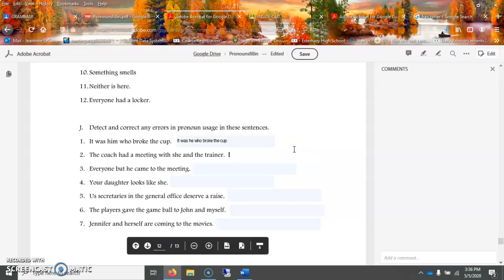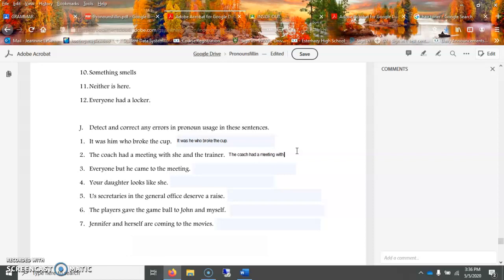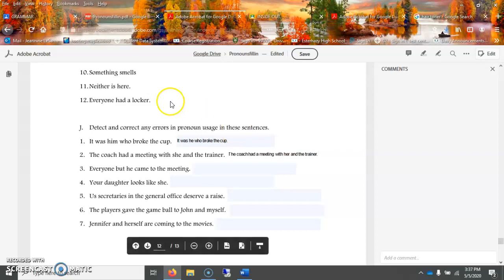Now here, the coach had a meeting with she and the trainer. Again, the coach had a meeting with her and the trainer. Okay, that is the correct way to say it.